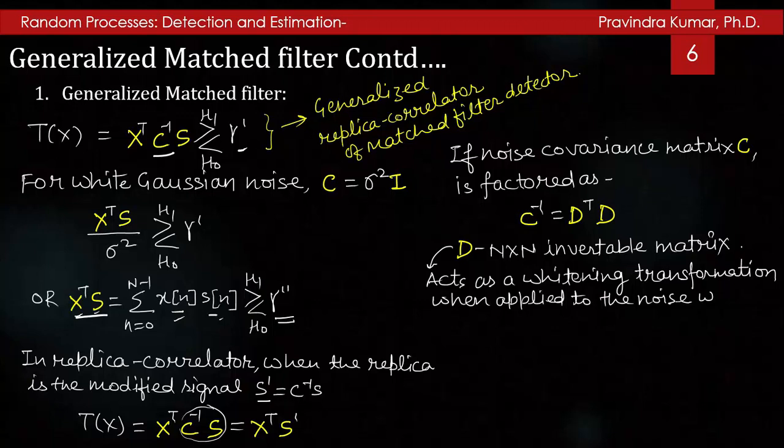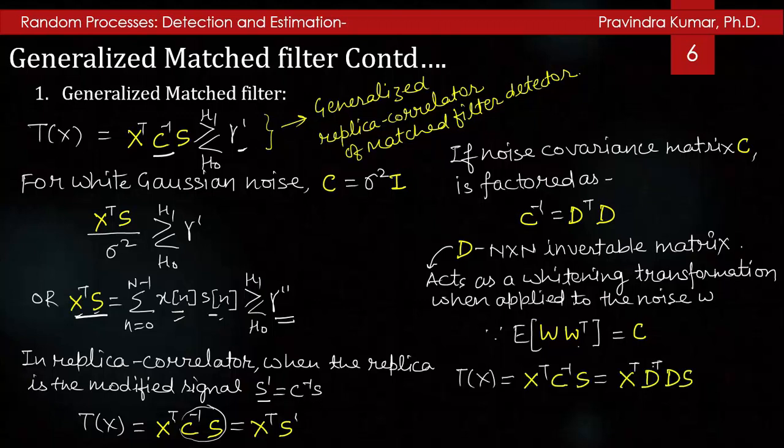That means the noise is assumed to be white after applying a suitable whitening transformation D. So the test statistic will be x transpose C inverse S, which is x transpose D transpose D S, and it can be written as x dash transpose S dash, where x dash is Dx and S dash is DS.